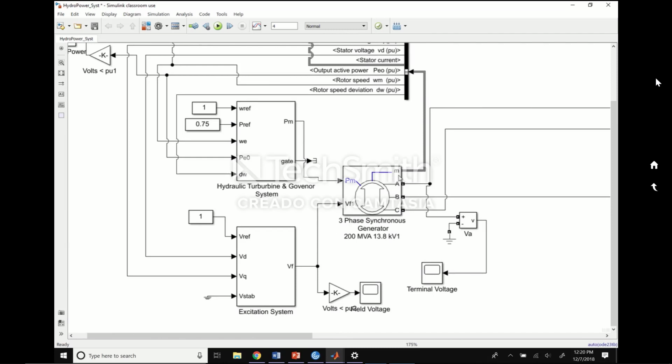Okay, so I'll run through some of the aspects of the synchronous machine. We used a three-phase synchronous generator. It's set to 200 MVA, 13.8 kilovolts, and 60 hertz. The inputs are the mechanical input here from the turbine. We have it set to power. And then also the field voltage, which is connected to the excitation system here.